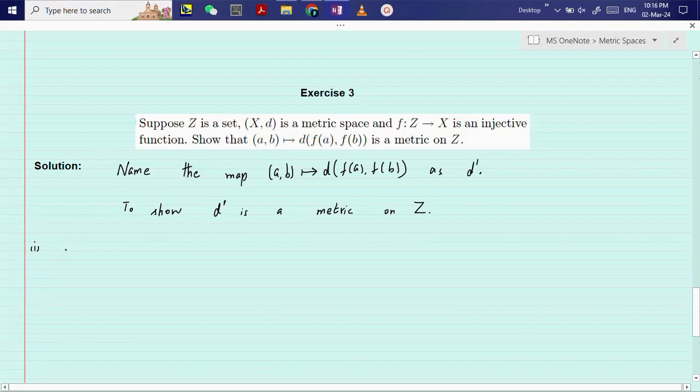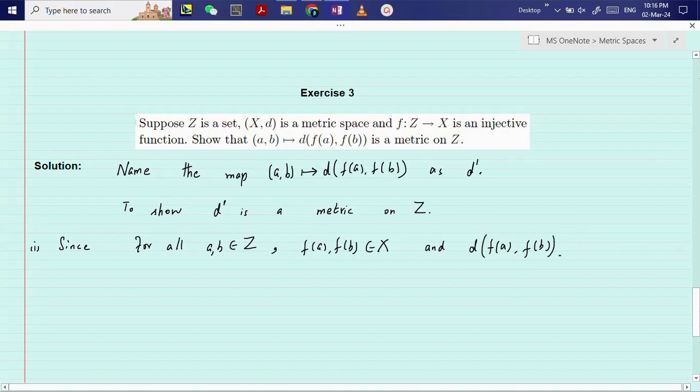The first property is the non-negativity of d dash. Since for all A, B belongs to Z, we have f of A and f of B, they both belong to X, and the distance of f of A, f of B with respect to the metric d is obviously non-negative.